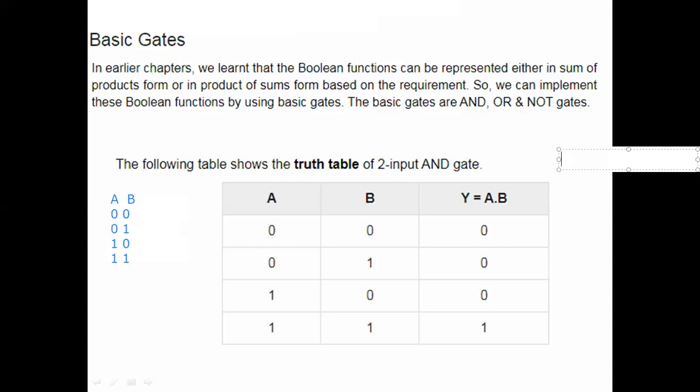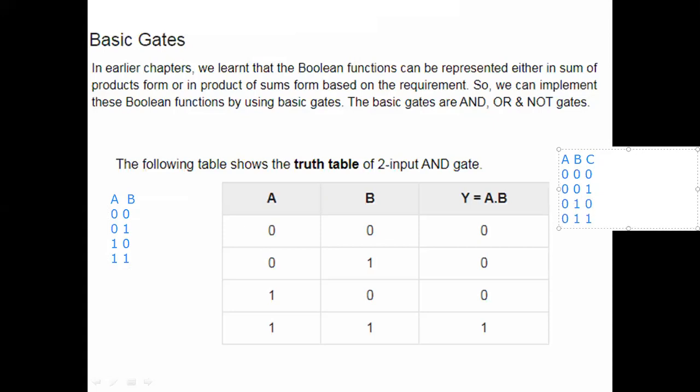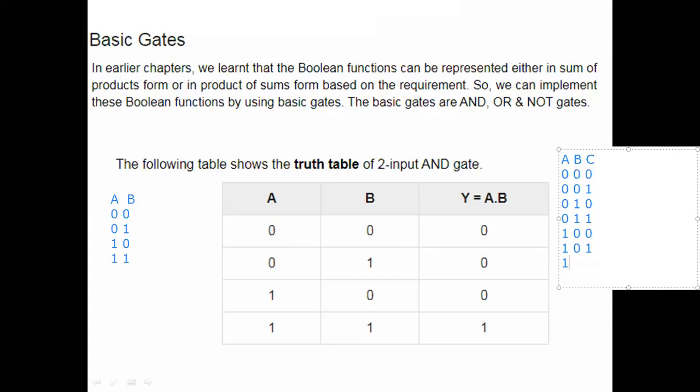The combinations are 0 0 0, 0 0 1, 0 1 0, 0 1 1, 1 0 0, 1 0 1, 1 1 0, 1 1 1. From 0 to 7, totally 8 combinations.